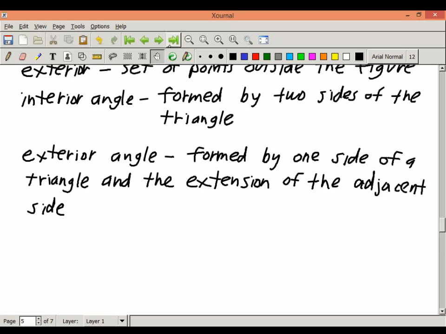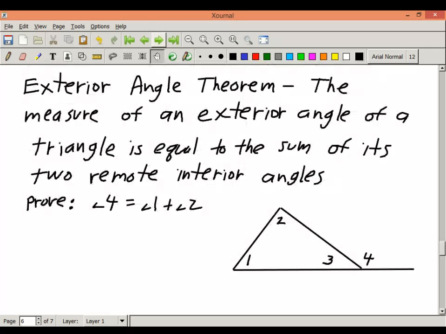Okay, so the theorem we have for this situation, not surprisingly, is called the exterior angle theorem. The exterior angle theorem says that the measure of an exterior angle of a triangle is equal to the sum of its two remote interior angles. Let me go back to the previous drawing here.